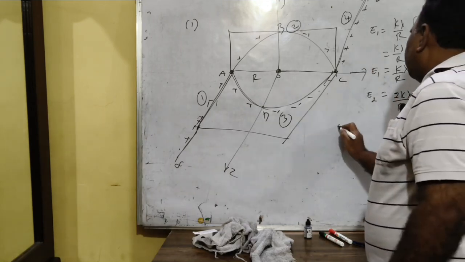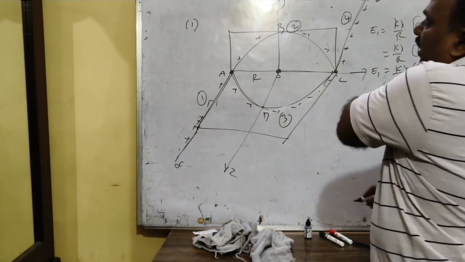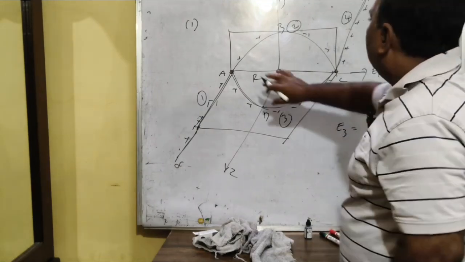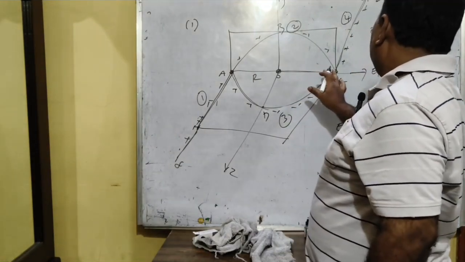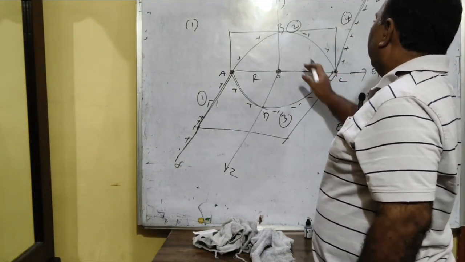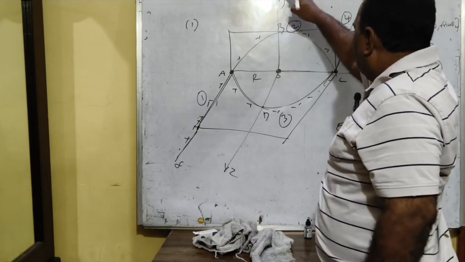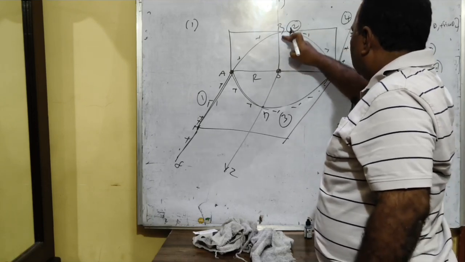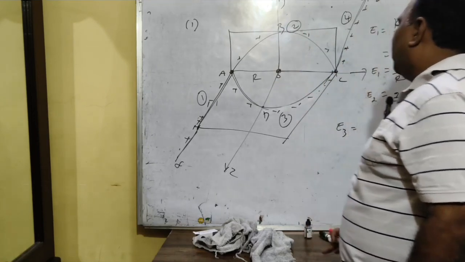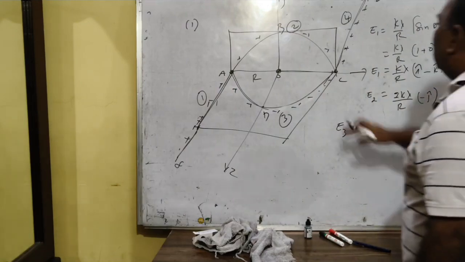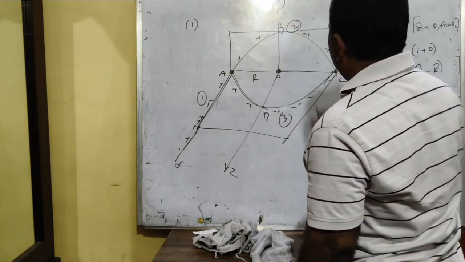Similarly, what is the third electrical field? Due to this wire, which is in the XY plane, right? Even though it is in the XY plane, due to this wire the field is parallel to the plane and acting downwards.